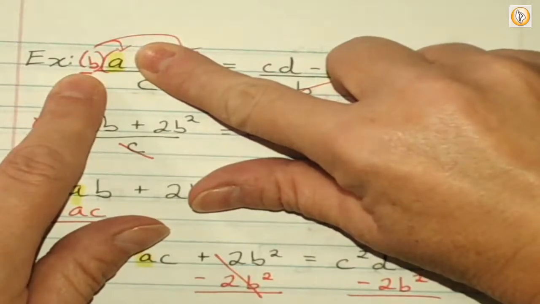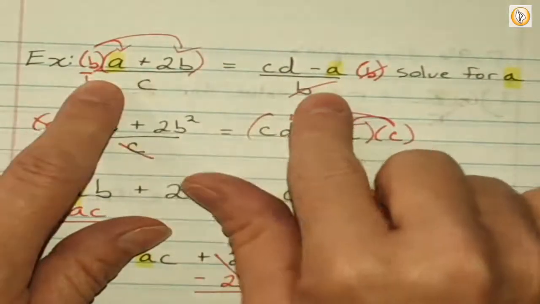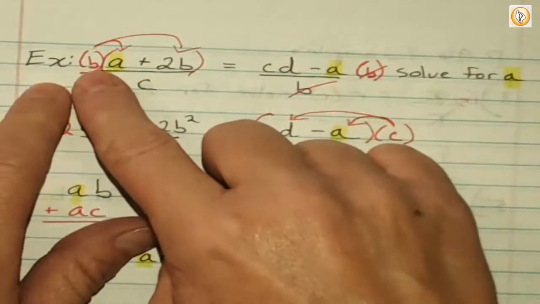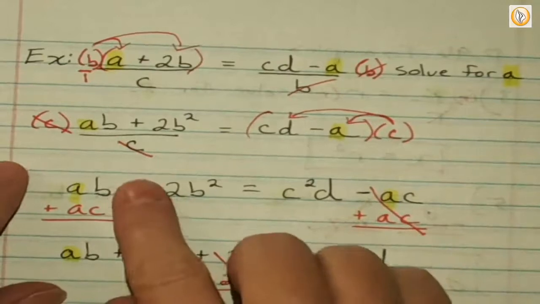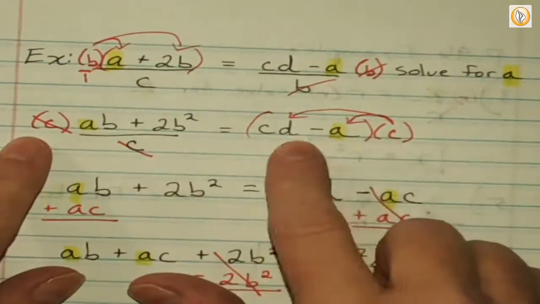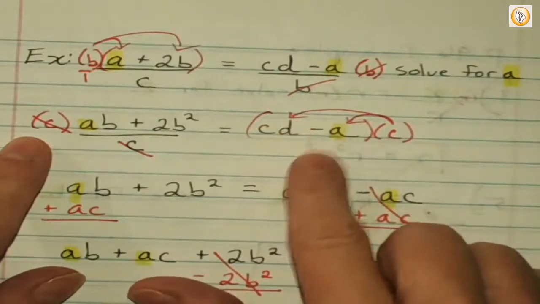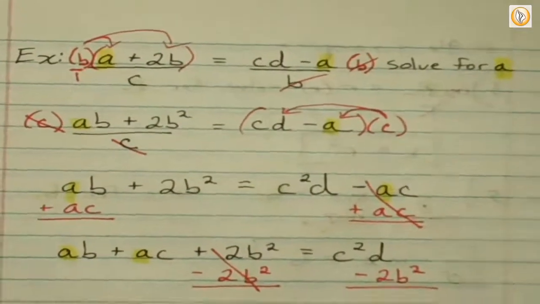This is new for y'all, okay? So now we've got a lot of stuff going on up there. When you're trying to get rid of a denominator and you're multiplying it on both sides, you're multiplying it with everything on top. Just like right here, got rid of the C, you're multiplying it on both sides, but with everything, kind of like the distributive property. Hopefully you guys took really good notes yesterday.